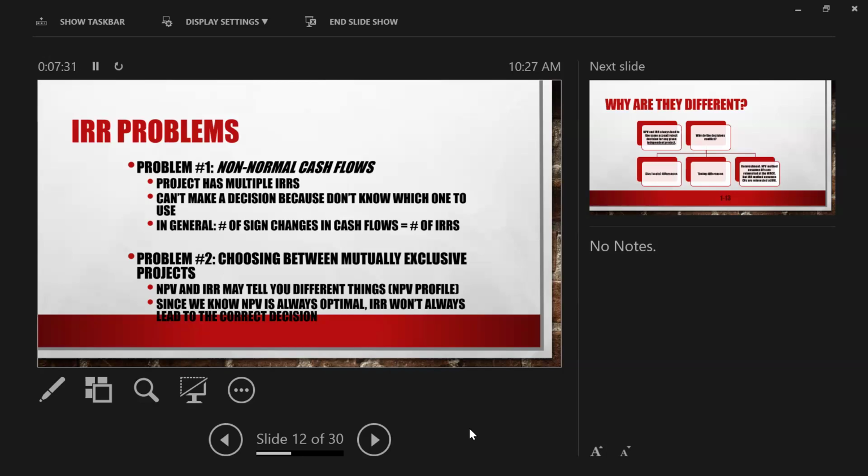So if you have irregular cash flows, here's the problem with IRR. Mathematically, IRR is the interest rate when NPV is equal to 0. Let me repeat that. Mathematically, IRR is the interest rate when NPV is equal to 0. Back when I was in college, we didn't have financial calculators like now; previous generations had much less advanced ones.